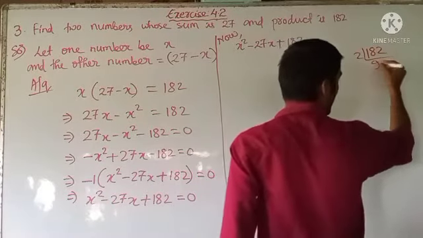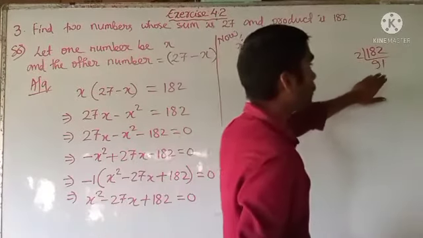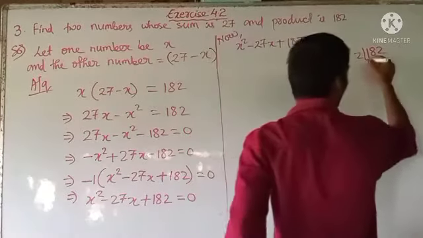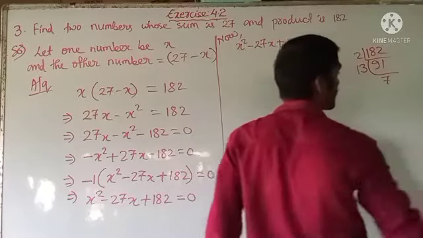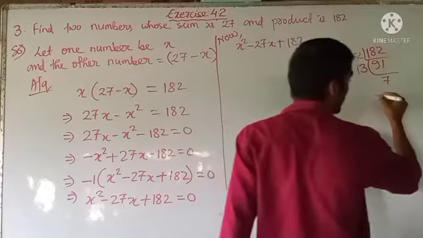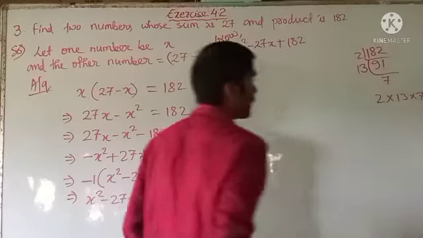By 2 it is possible. 2 9s are 18, 2 1s are 2. Now we got 91 and 2. Now this 91 is divisible by 13. 13 into 7 it is. Now 7 is a prime number. So we got it as 2 into 13 into 7.